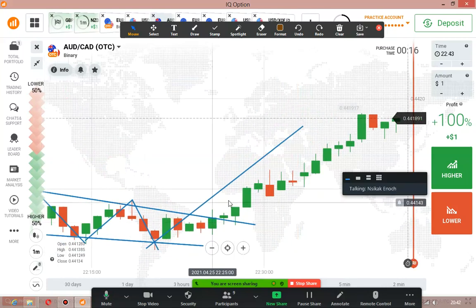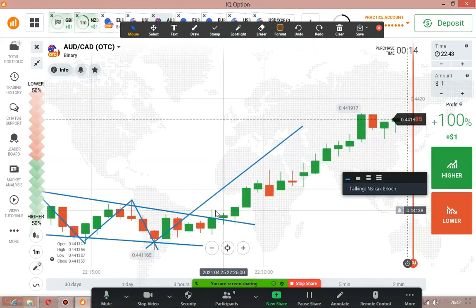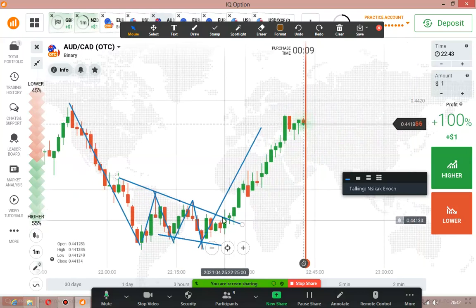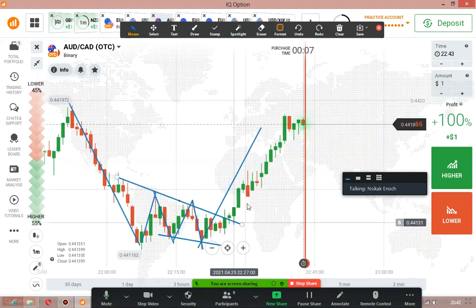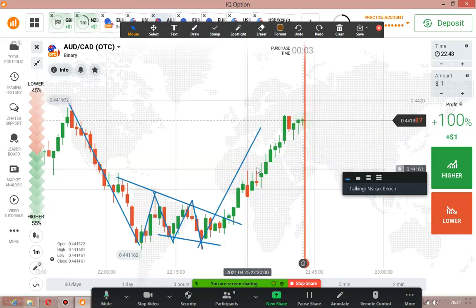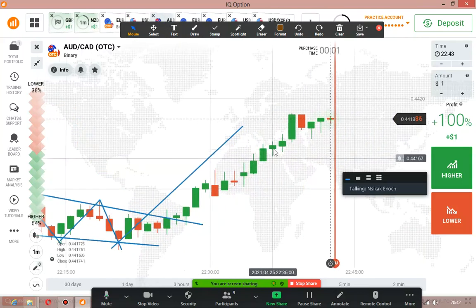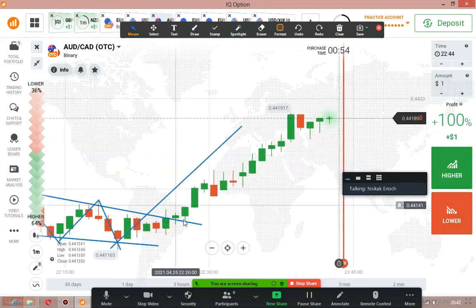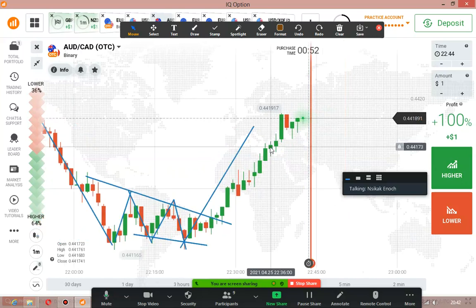You see, after the breakout, what do you see next? The retracement. So don't ever think it's going to be red or something like that. Most of the time, the market will just touch the lower trend line, with bullish candles with lower rejection, before the market starts moving up.